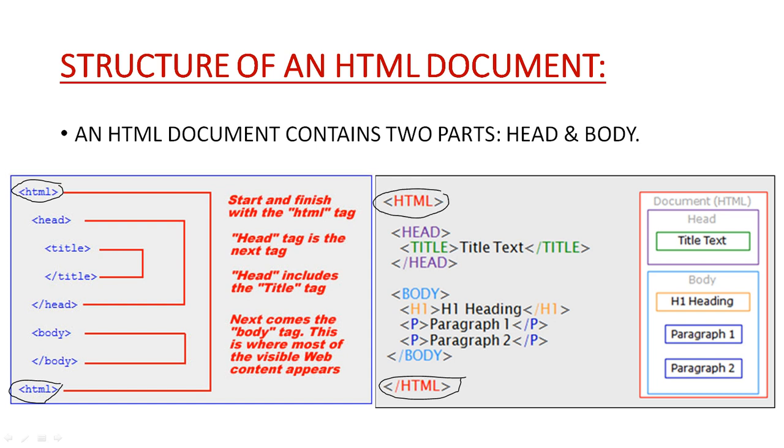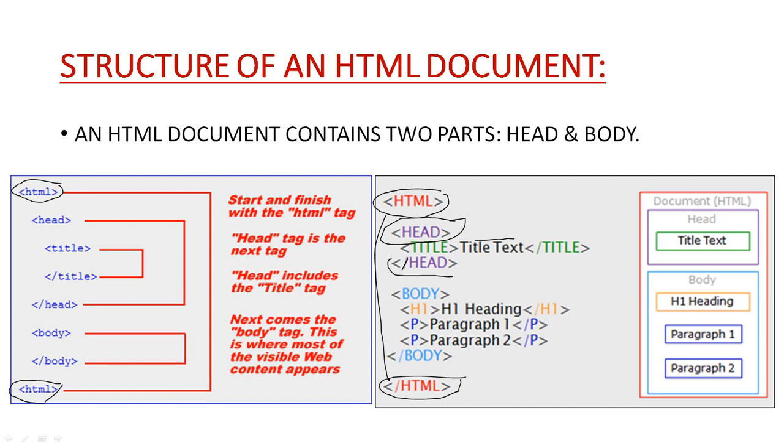After that comes the head, and inside the head there's a title. The title which you type here is going to appear in the title bar of your document, okay? Then you close the head tag with /head, and then you write the body. The body may have headings and paragraphs in it. It has the containing text. That is the structure of an HTML document.